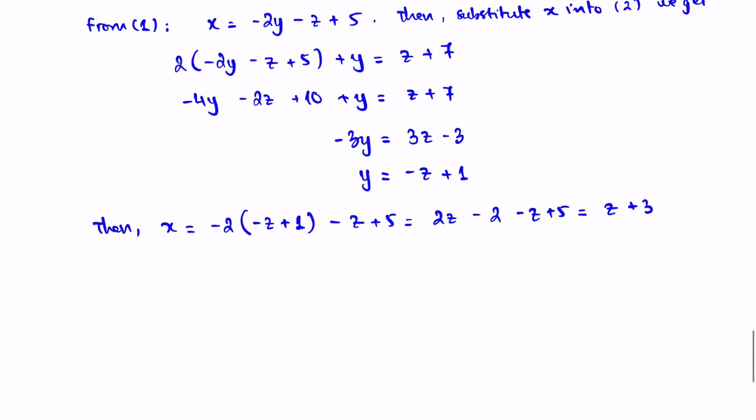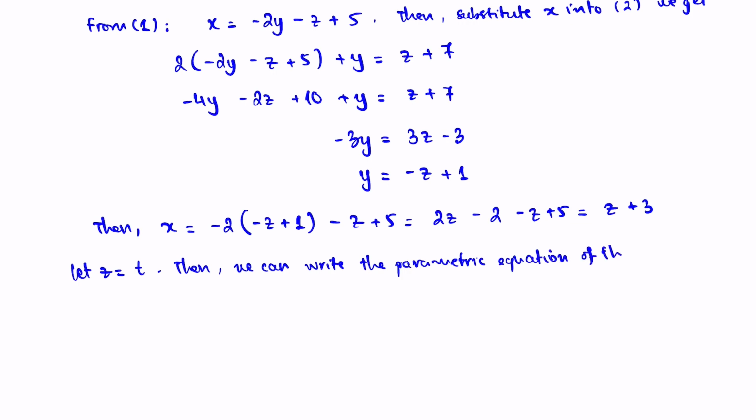Here what you do is you let z be equal to t, which is a free variable in this case. Then we can write the parametric equations of the line as follows.